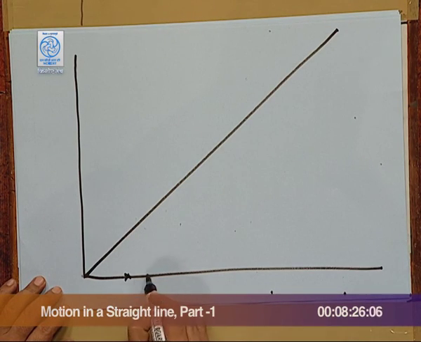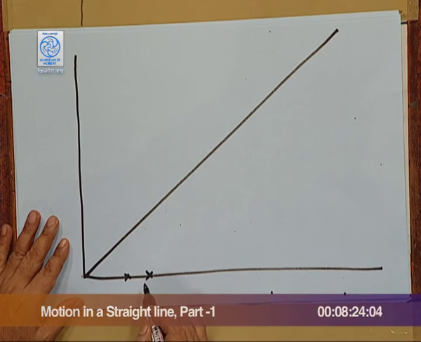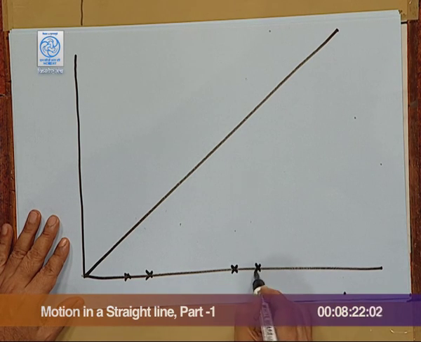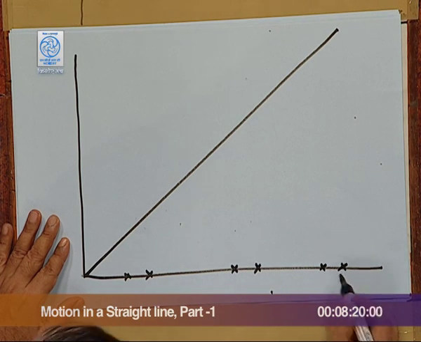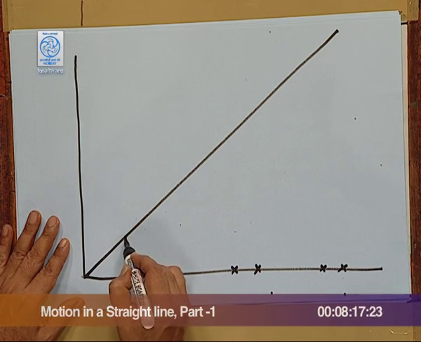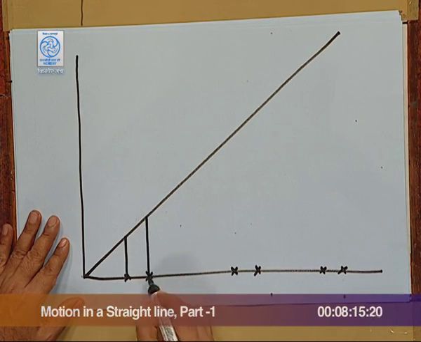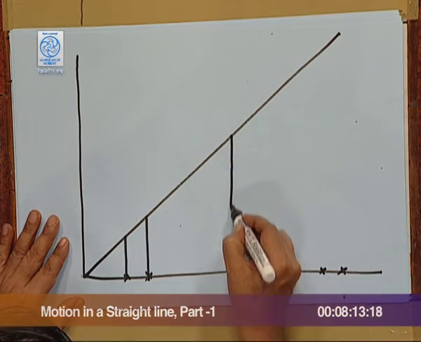Let us take the same intervals of time at different timings, which I am marking here on the graph. Look at this graph, the delta x in different intervals.